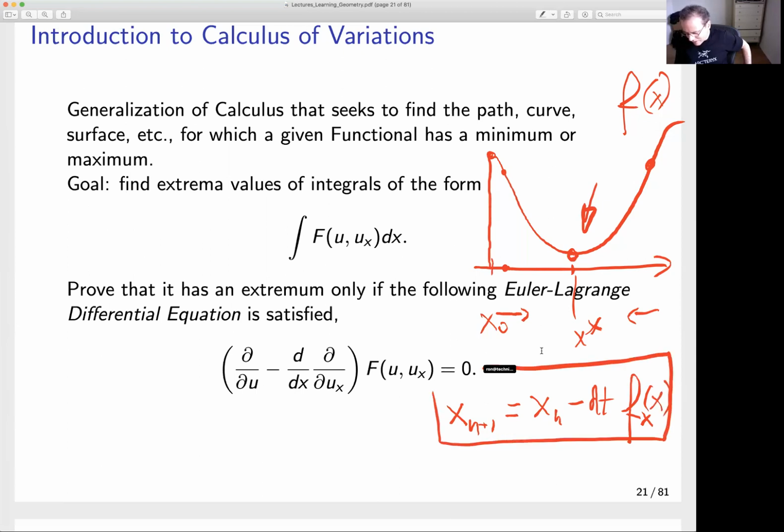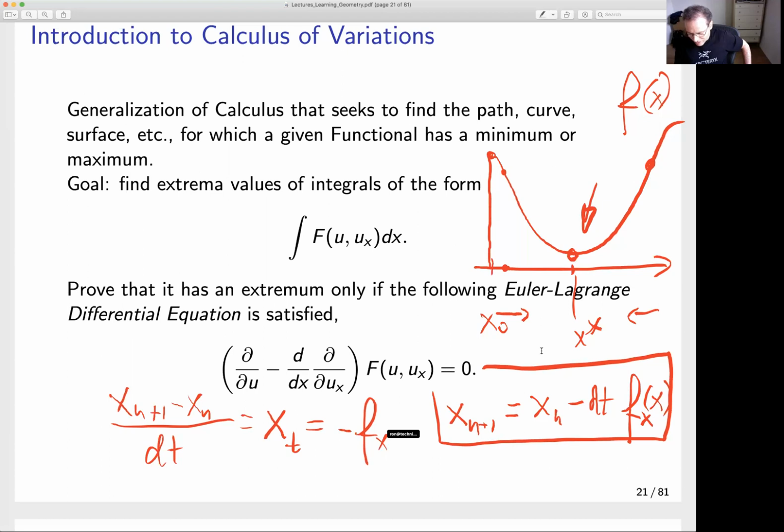And writing it as a differential equation, I can write it as x_{n+1} minus x_n divided by dt, and taking it to the limit where dt goes to 0, I would have that the derivative of x with respect to t should be equal to minus f prime of x.